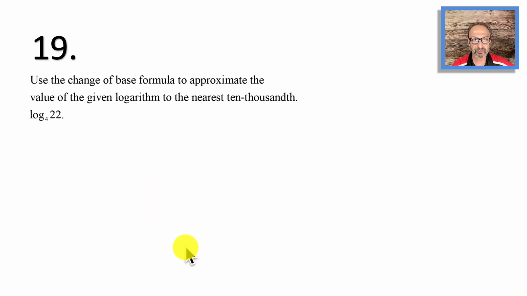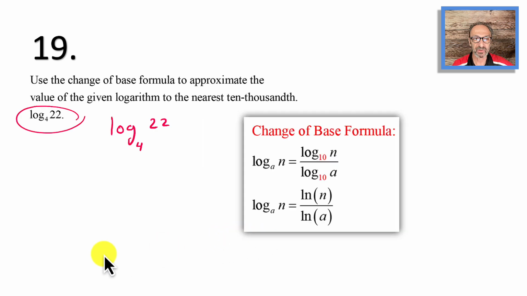One more. Use the change of base formula to approximate the value of the given logarithm to the nearest 10 thousandths. Log 22 base 4. Here's the formula. You could use log n base 10 or any base, but we choose base 10 because calculators do have the common log and they do have the natural log.